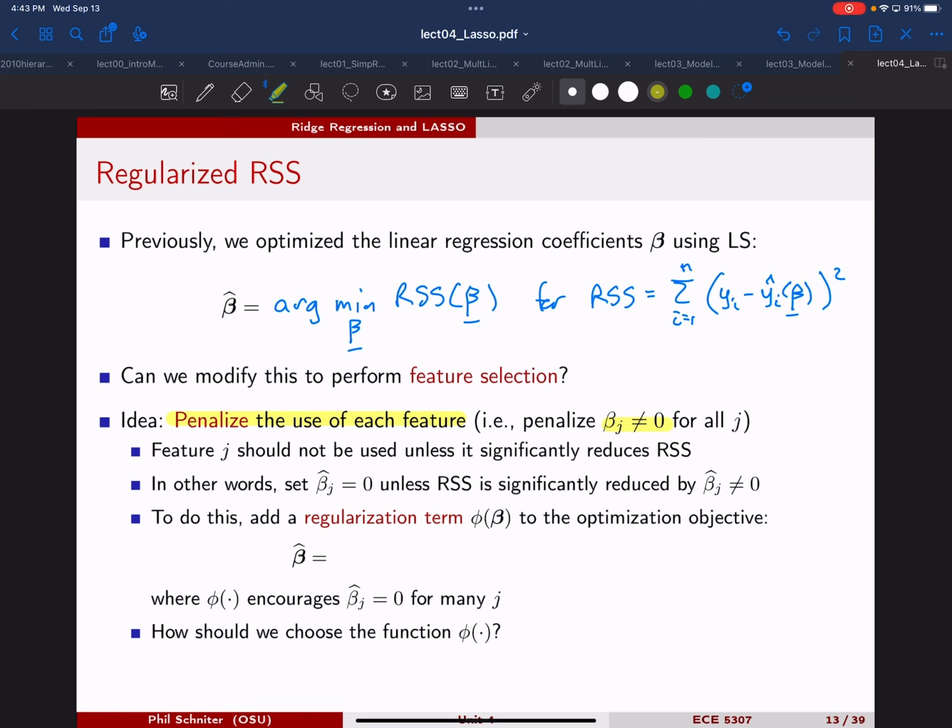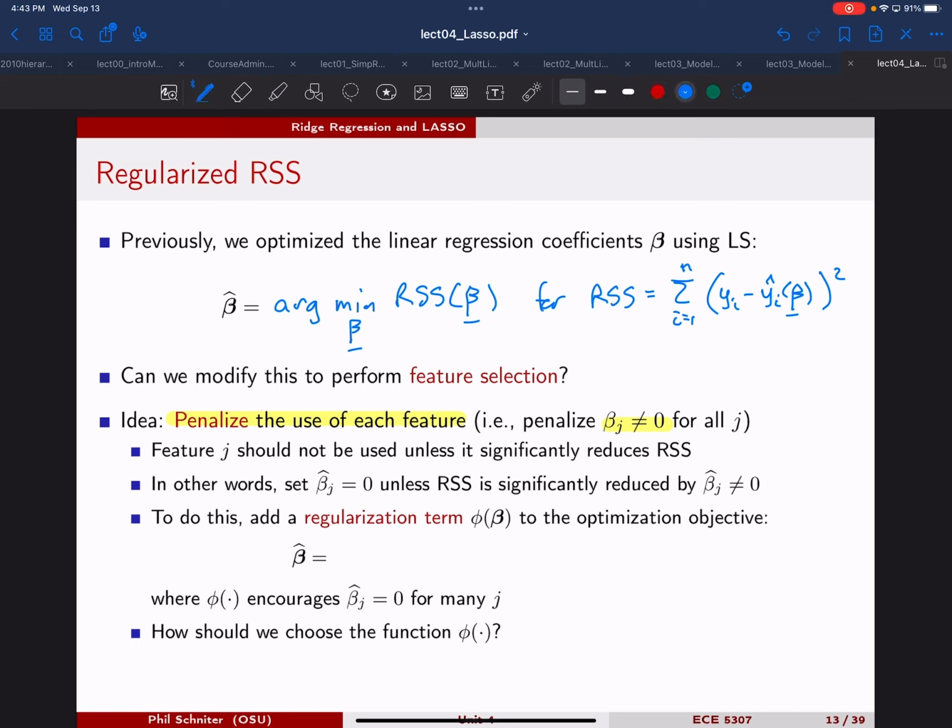Okay. So the idea here is that, of course, that's not our only objective. One of our objectives is to minimize RSS. So we're going to balance between minimizing RSS and minimizing this penalty. So this is how we're going to do it.